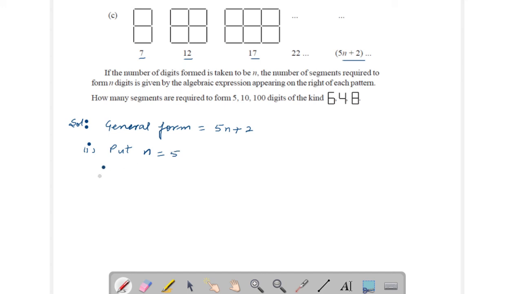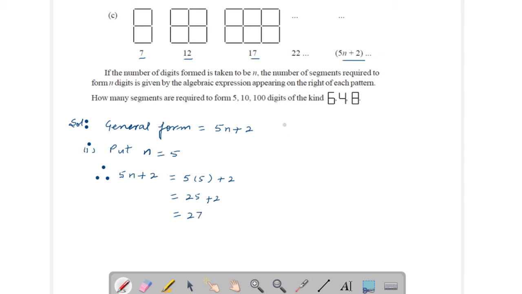Therefore, 5n plus 2, here replace n by 5. You will get 5 multiplied by 5 plus 2. That is 5 fives are 25, plus 2, equal to 25 plus 2, 27. This is your answer.